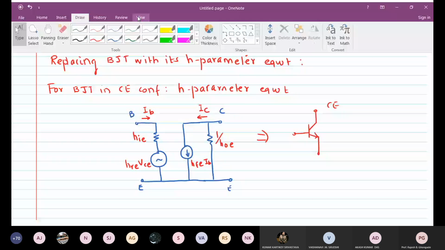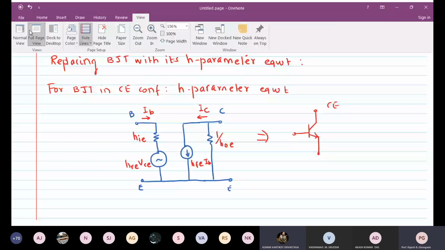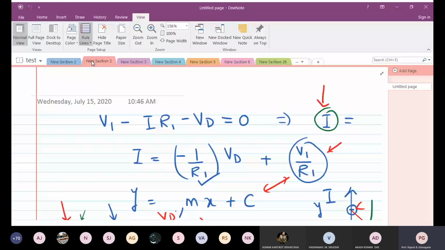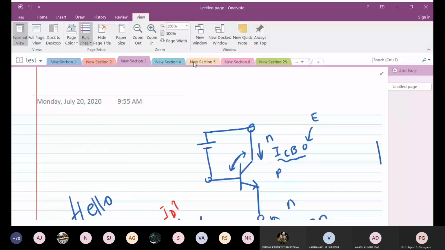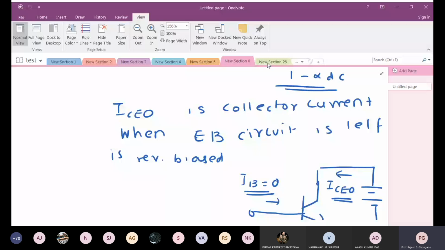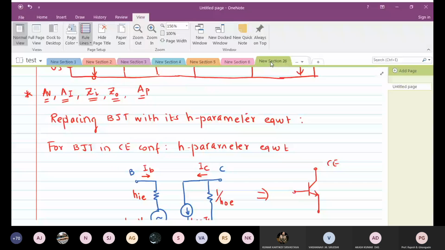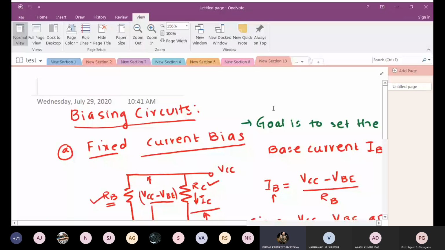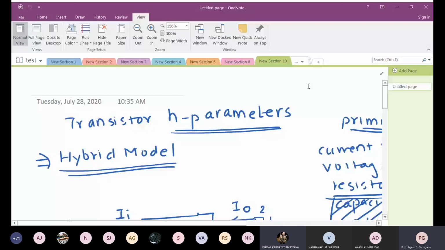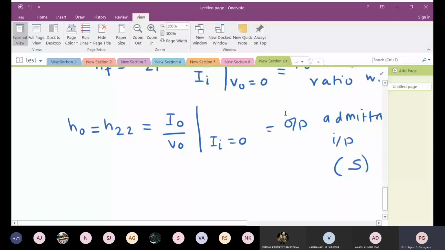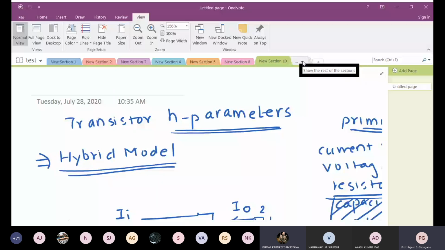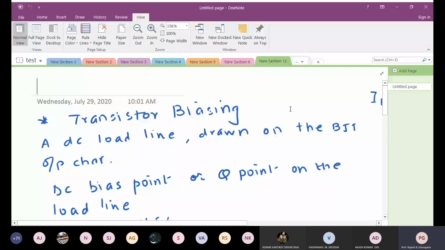I think somewhere in one of the lectures we have done this. Did we do this or not?